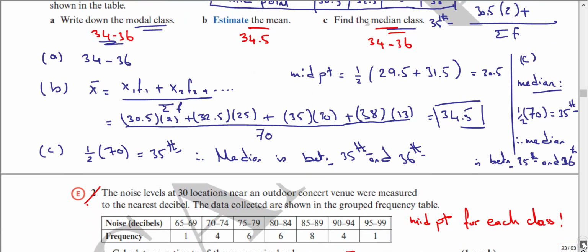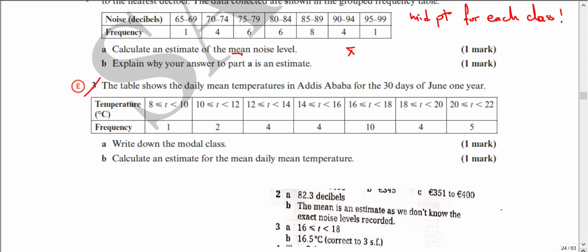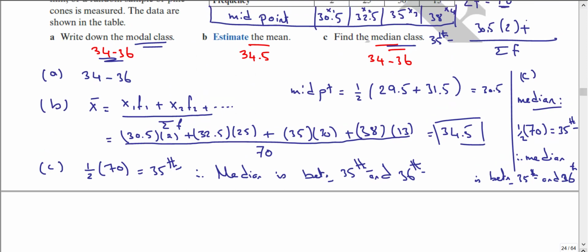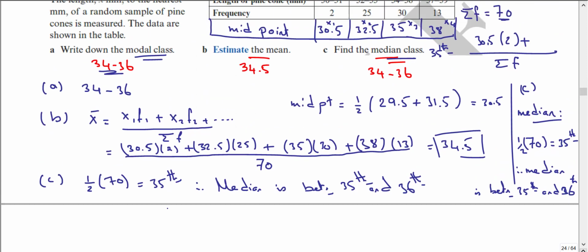Are you following what I'm saying? Yeah. And let me continue here. Add 2 plus 25 plus 30. That's 57.